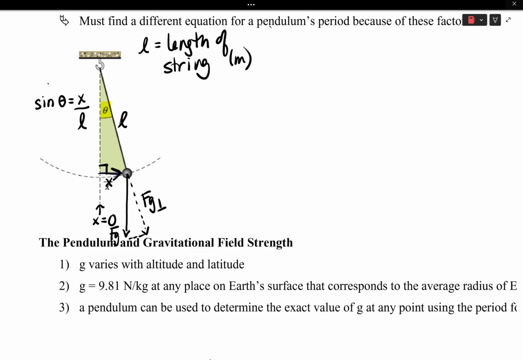And then if we move this way, this is going to be F of G in the parallel. And it is the F of G in the parallel that is actually our restoring force. Okay, so just remember now that our restoring force, Fr, is going to be this F of G parallel.